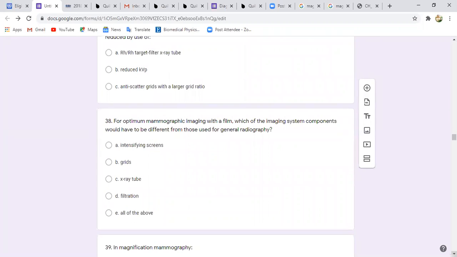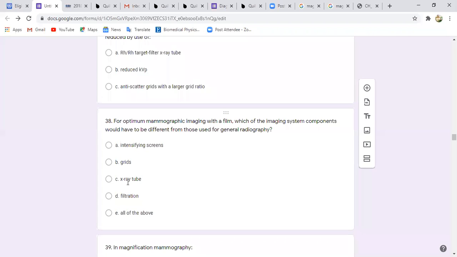So for optimal mammography imaging, which of the following system components will be different from those used for general radiography? Is it intensifying screen? Is it grid? Is it the x-ray tube? Is it filtration? Yeah, all. The intensifying screen is different; we use a single emulsion. Grid is different. For mammography, the grid ratio is just about from 3 to around 5 or so.